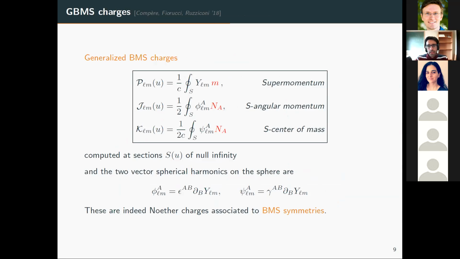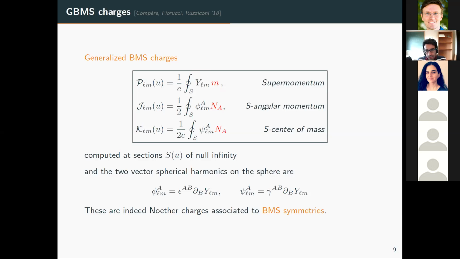Now let's talk about the charges associated to these symmetries. There is a long story, as we heard in the nice talks before, about integrability and so on, but I skip those issues. The final result, which resembles the result shown by Celine, is this one. You have the super momenta corresponding to the supertranslations as the integral of the Bondi mass aspect with a Y_LM.